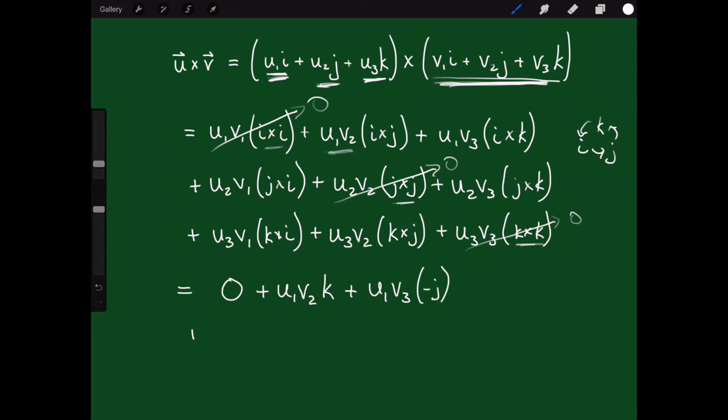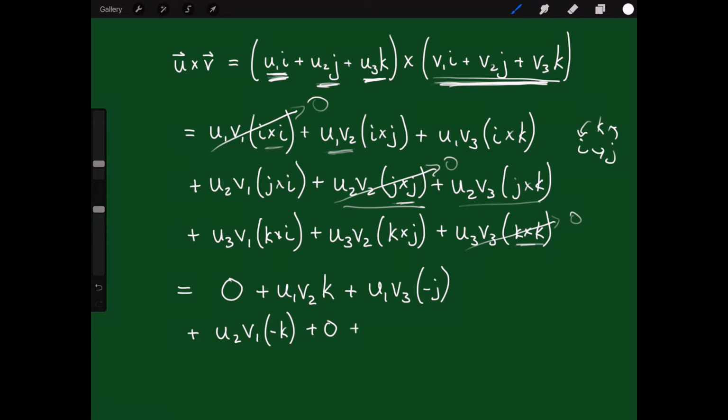Okay, plus U2 V1 times J cross I. J cross I is going the opposite direction, so I get negative K out of that. Then I get plus 0 for this term.